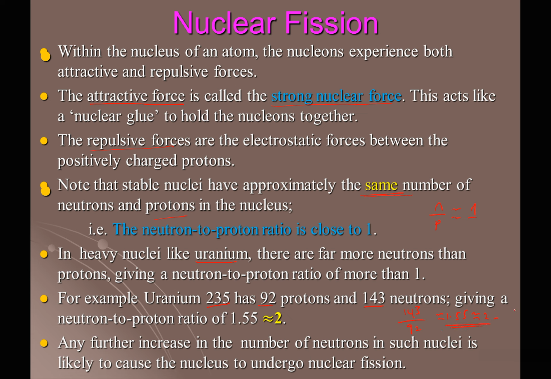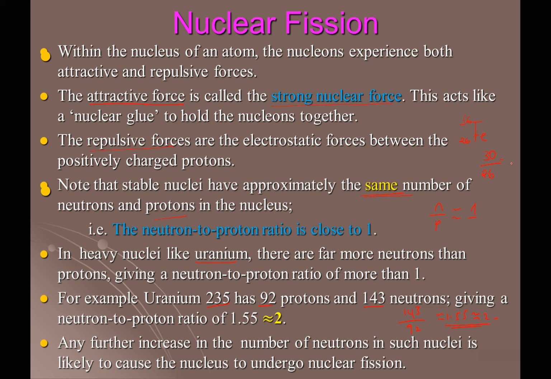If we look at iron-56, with 26 protons, and we look at the neutron to proton ratio, iron has 56 minus 26, that is 30 neutrons, divided by the number of protons, which is 26.